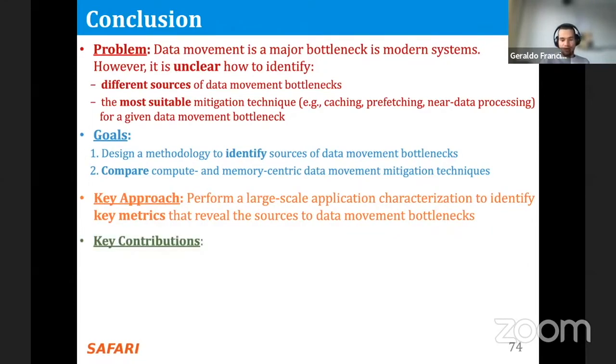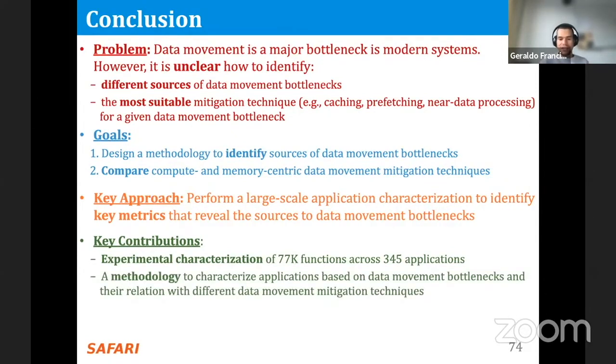The main contributions of this work, we have 4 main contributions. The first one being the experimental characterization of 77,000 functions across 204 applications from varying domains, which we use to drive the methodology that can characterize applications based on data movement bottlenecks and their relation with different data movement mitigation techniques.